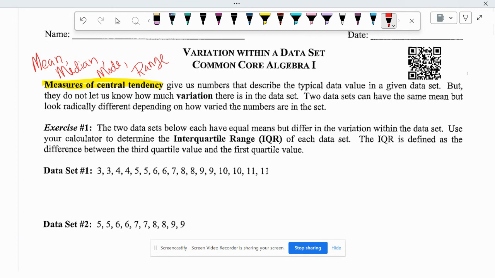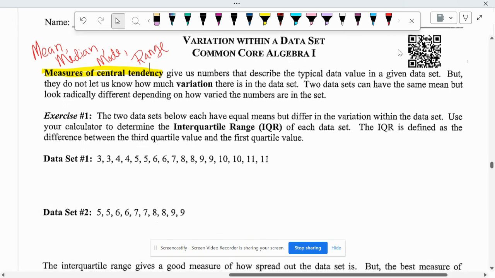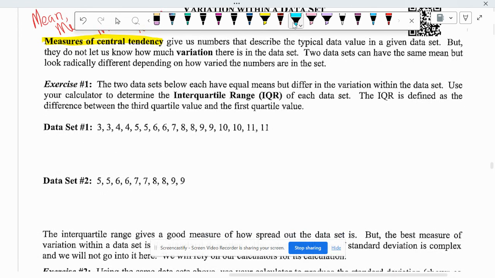Two data sets can have the same mean or the same median and look radically different, okay? So we're going to learn about two different tools that let us see variation within the data set. The first tool that we use is called the interquartile range.